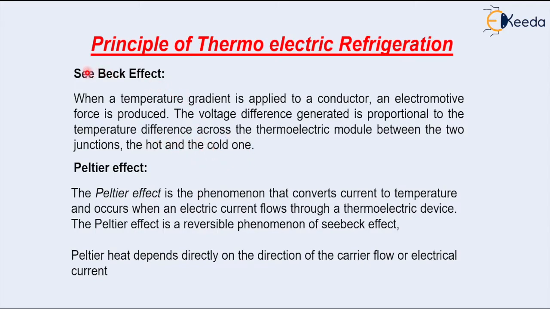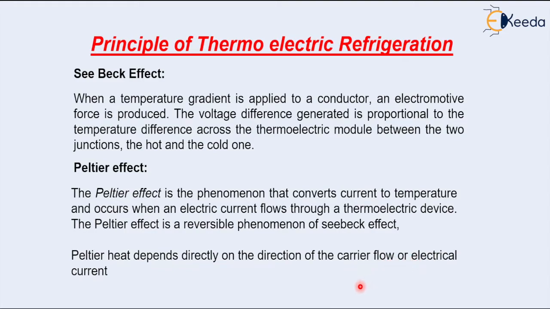The reverse of the Seebeck effect is the Peltier effect. The Peltier effect is the phenomenon that converts current to temperature and occurs when an electric current flows through a thermoelectric device. The Peltier effect is the reversible phenomenon of the Seebeck effect. Peltier heat depends directly on the direction of carrier flow or electric current.